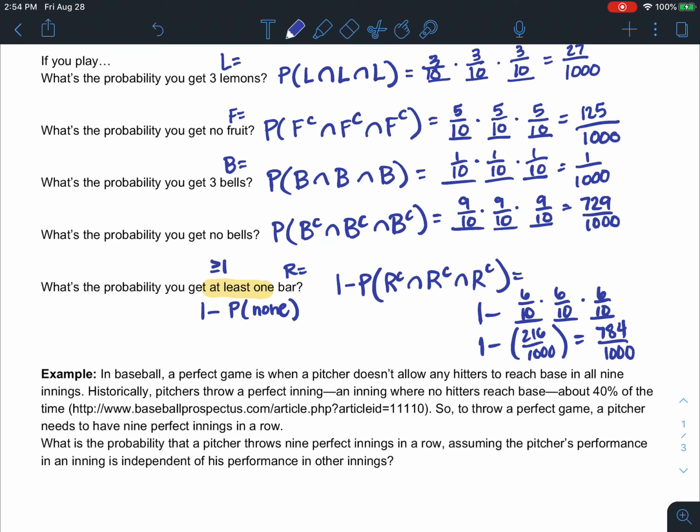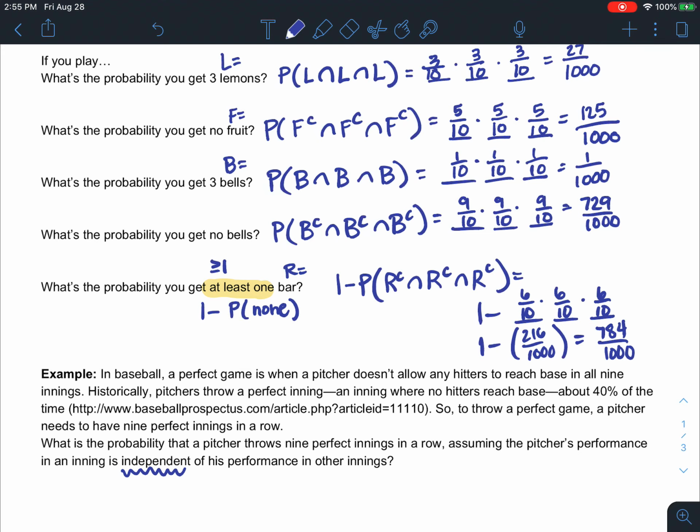So historically, pitchers throw a perfect inning, an inning where no hitters reach base, about 40% of the time, and there's a link to where that came from. So to throw a perfect game, a pitcher needs to have 9 perfect innings in a row. What's the probability that a pitcher throws 9 perfect innings in a row, assuming a pitcher's performance in an inning is independent of his performance in other innings? So we're assuming it's independent.